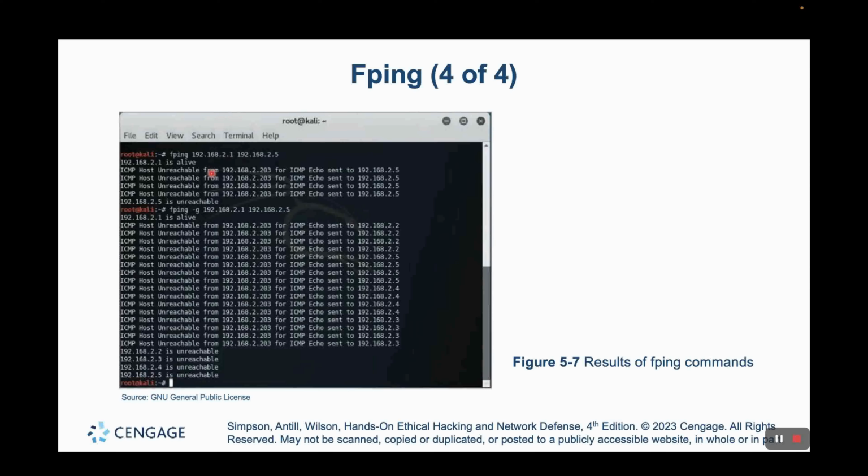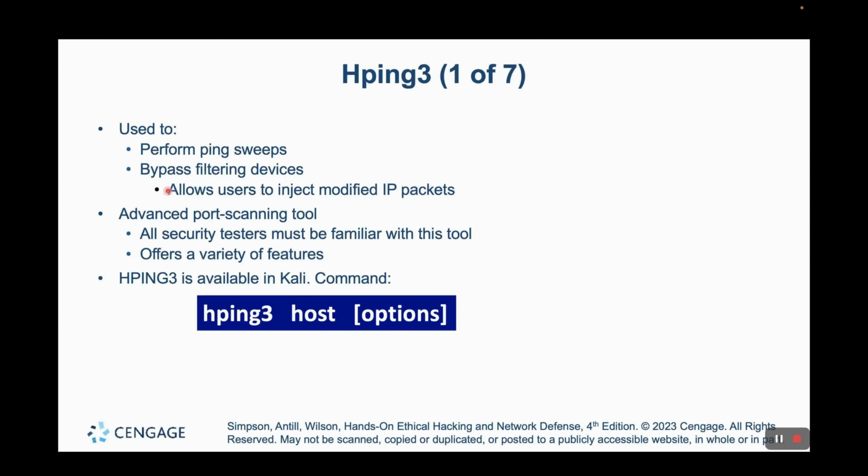Now, here's an example, you're doing from here to here, and there's also another example result of the fping command showing you that this IP is alive, and others are ICMP host unreachable for different reasons mentioned before.